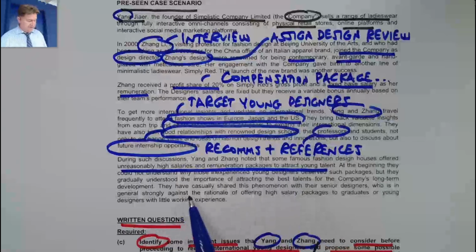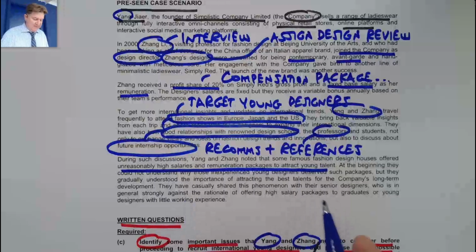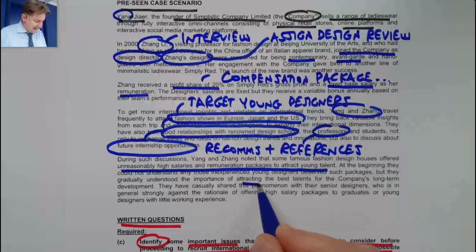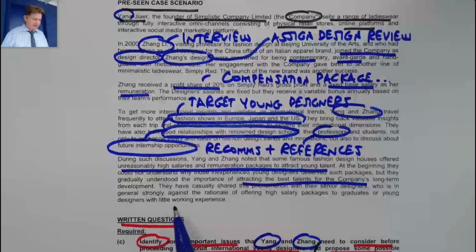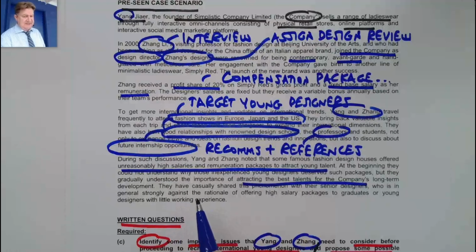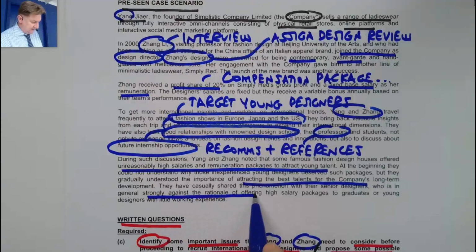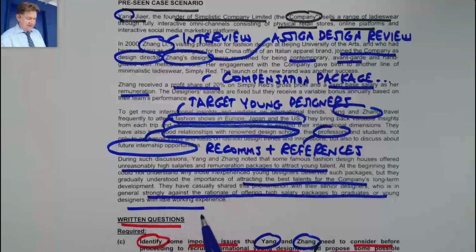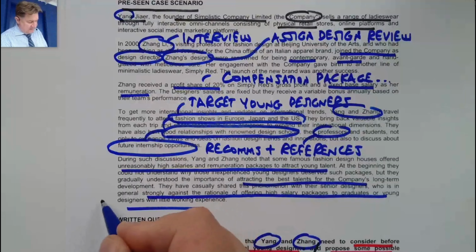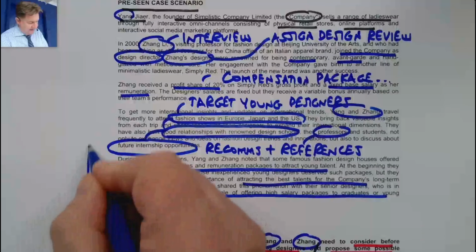At the beginning, I couldn't understand why, but they gradually understood that's what we need to do if we want to attract the best talents for the company's long-term development. Here's the problem. When they shared this with the senior designers, they were generally strongly against offering high salaries to graduates or young designers with little working experience. So this is the problem here.